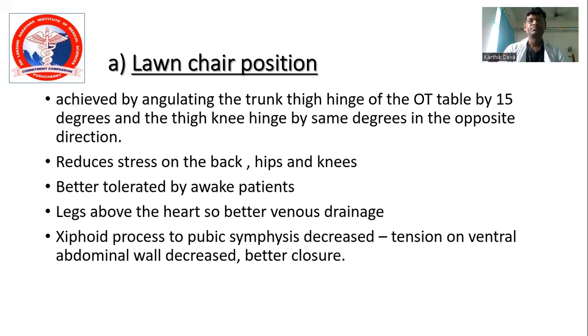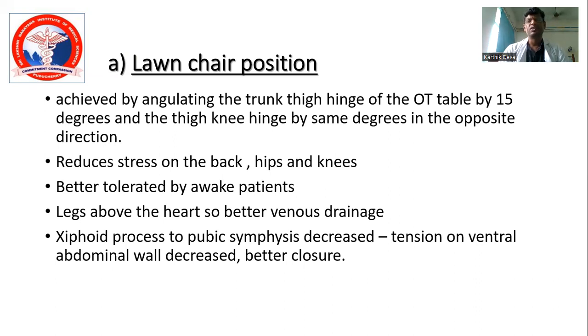Non-chair position is achieved by angulating the trunk-thigh hinge of the OT table by 15 degrees and the thigh-knee hinge by the same 15 degrees in the opposite direction. This reduces stress on the back, hips, and knees.